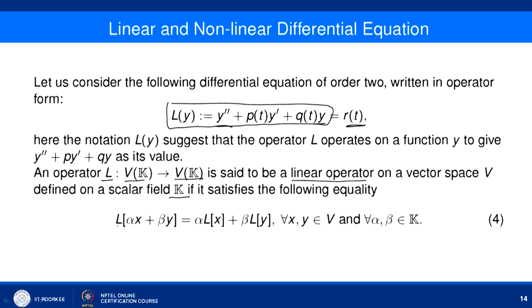L operating on alpha x plus beta y is equal to alpha times Lx plus beta times Ly, and this is true for all x, y coming from this vector space V and all alpha, beta coming from this scalar field K. So, if it is true for every x, y in vector space V and every constant in K, then we say that this L is a linear operator, otherwise it is called a nonlinear operator.